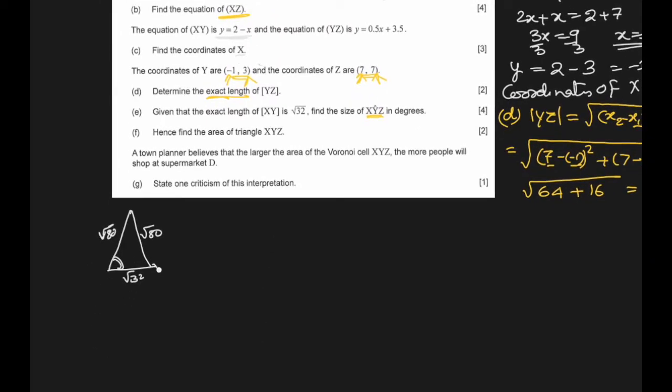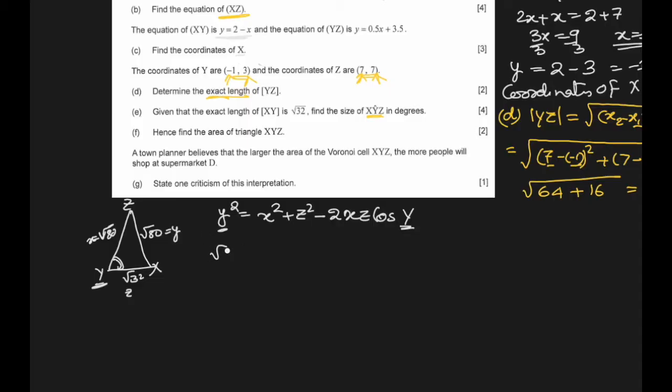Because this is y, this will become small y, small z, and small x. What is the cosine rule? We want to find this angle, so we'll have to write small y square equal to x square plus z square minus 2xz cos y. This alphabet and this alphabet must match, and that's what I'm doing here.